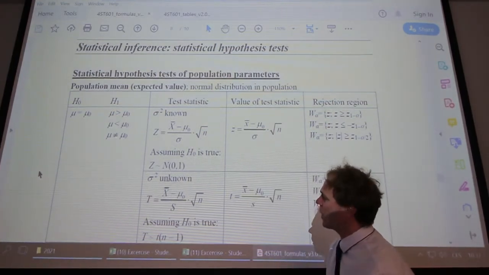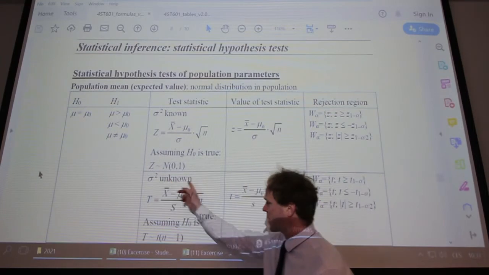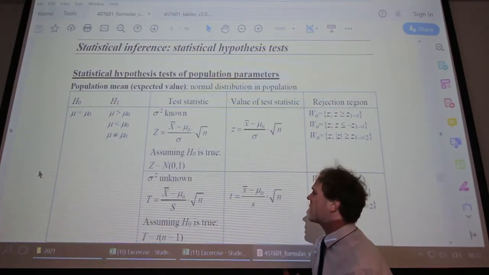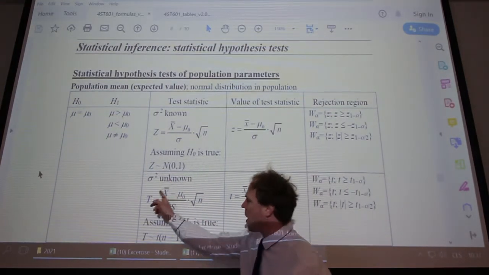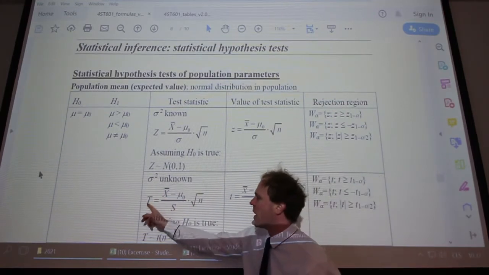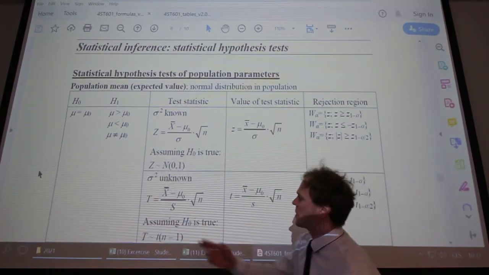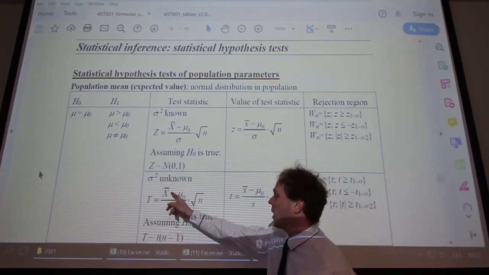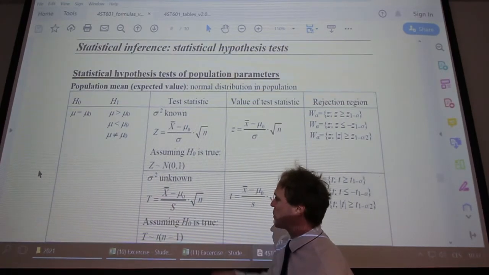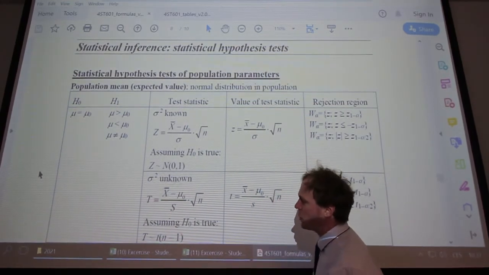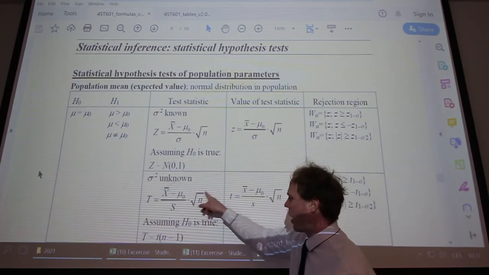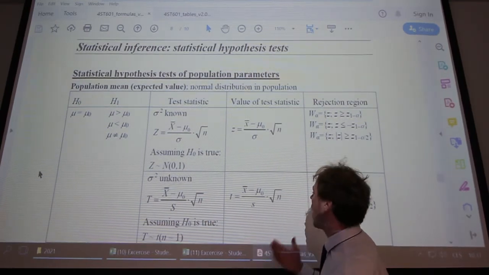Yes? And because our variance of the population is unknown, we must use this t-test, this test statistic with t distribution, mean minus mu0 divided by deviation times square root from the sample size.